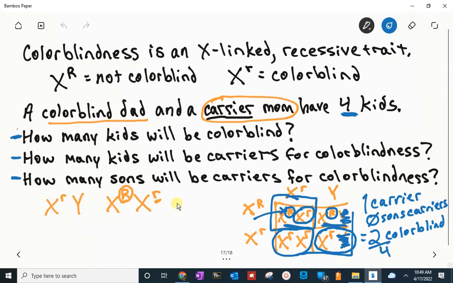So again, the carrier is going to be female because she's going to have 2 X chromosomes, one of them can have the recessive gene that she could pass on to her children, but the other one has the dominant gene, so she herself is not going to be colorblind.